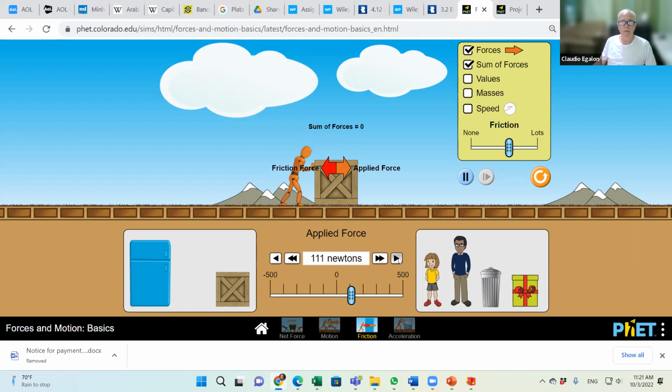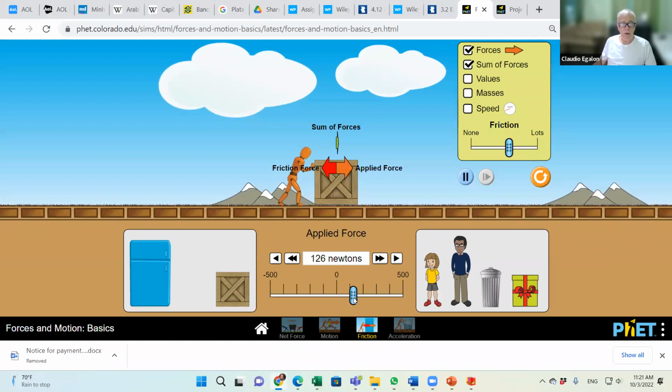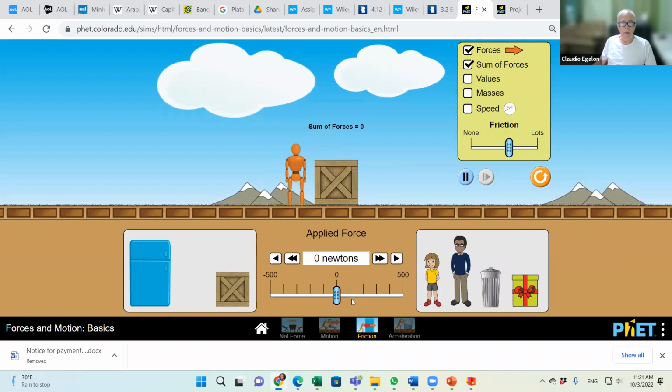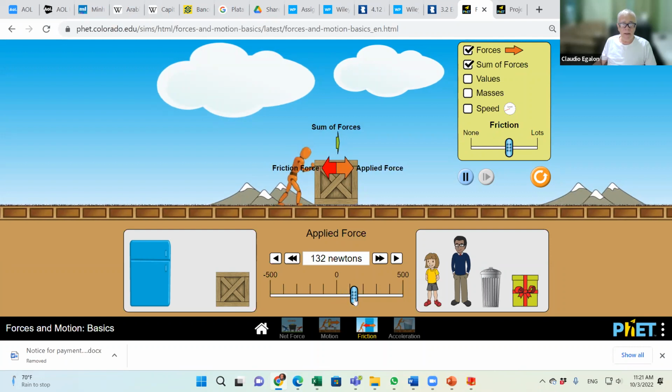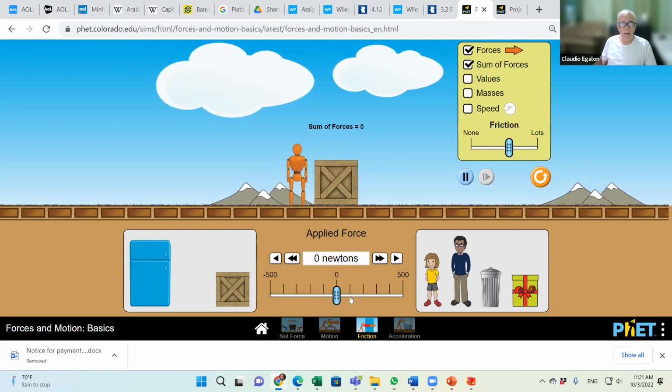It has a maximum value. Right around here, the applied force becomes greater than the force of static friction. See that? I don't know why it goes back. Interesting. Okay, so let's keep increasing.